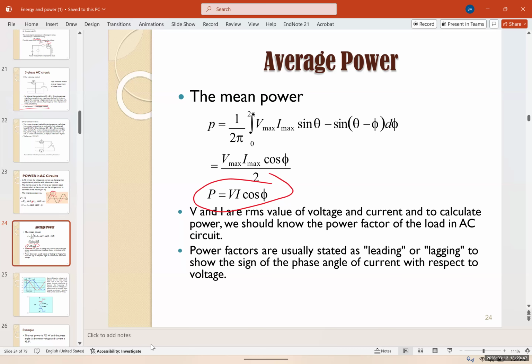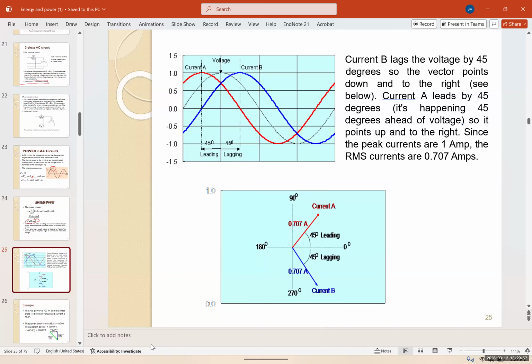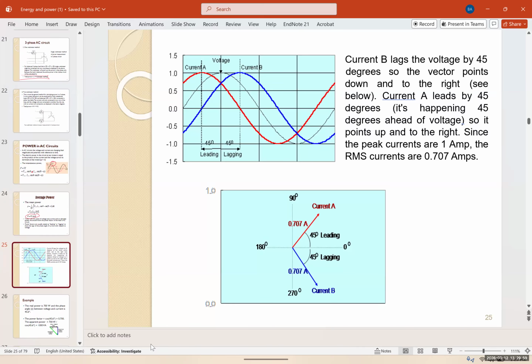Power factors are usually stated as leading or lagging to show the sign of the phase angle of the current with respect to the voltage. Now, current B lags the voltage by 45 degrees in this example, so the vector points down and to the right. So you can see it below. If we have current A, it is leading by 45 degrees. Again, the red one is the current and the blue one is the current, and the black in the middle is our voltage.